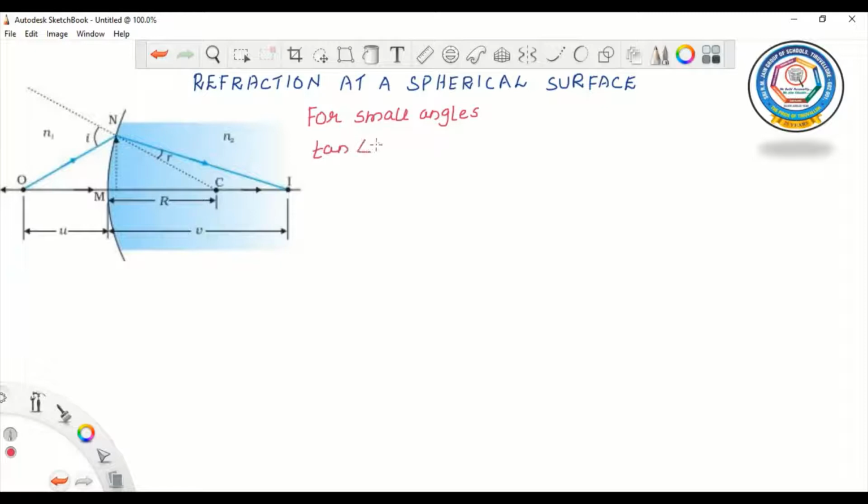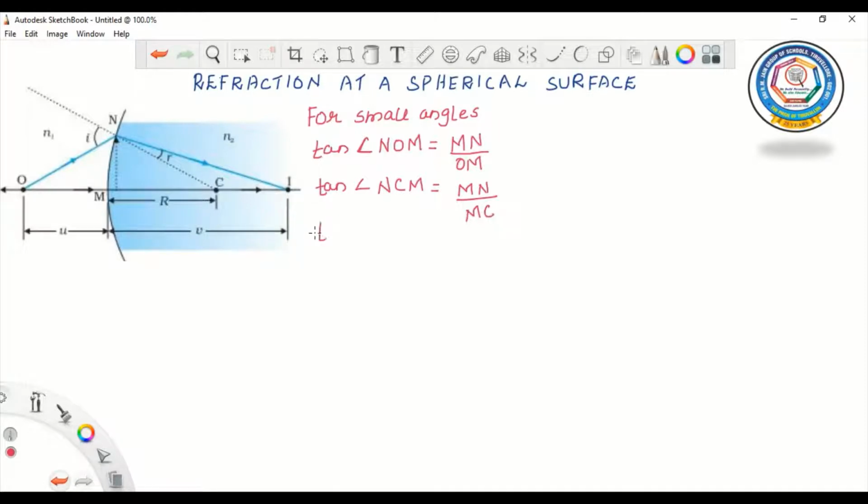For small angles, tan NOM is equal to MN divided by OM, tan angle NCM is equal to MN divided by MC.